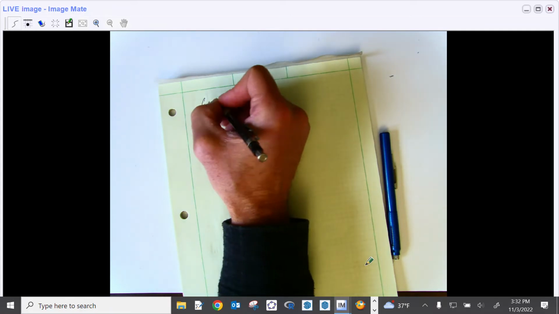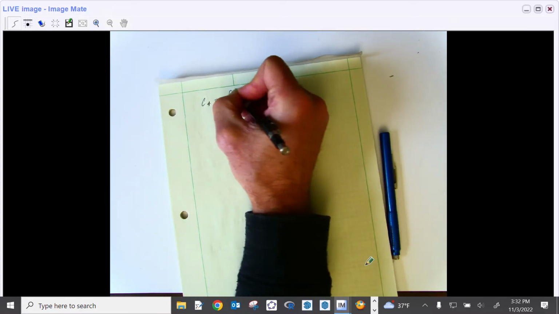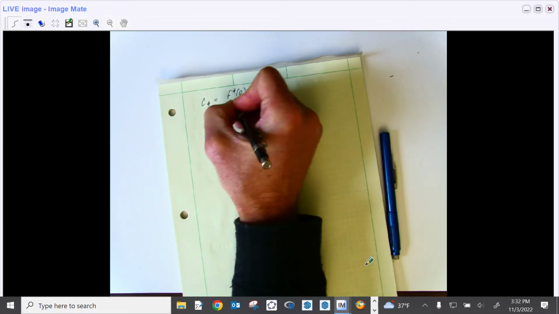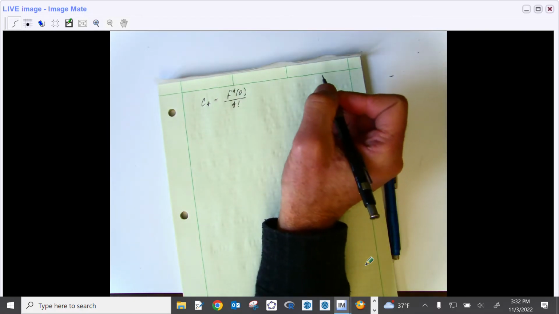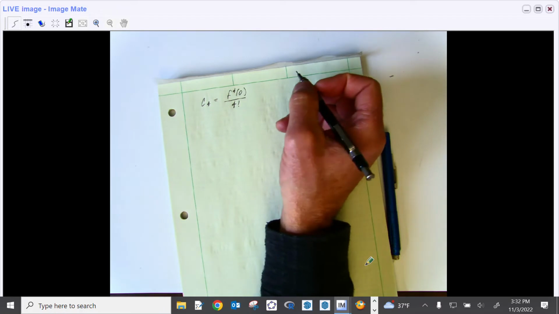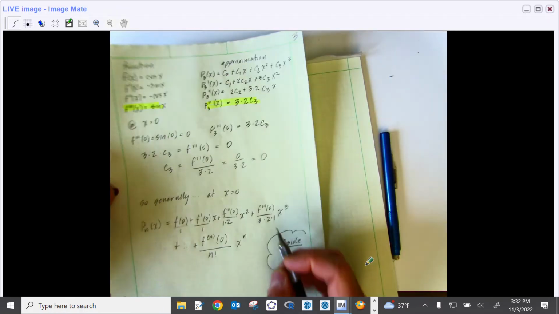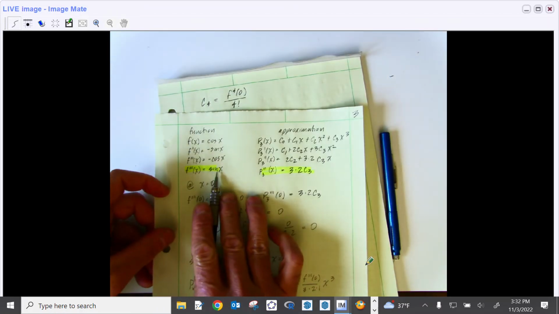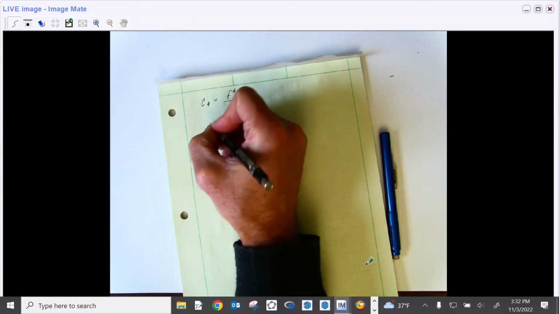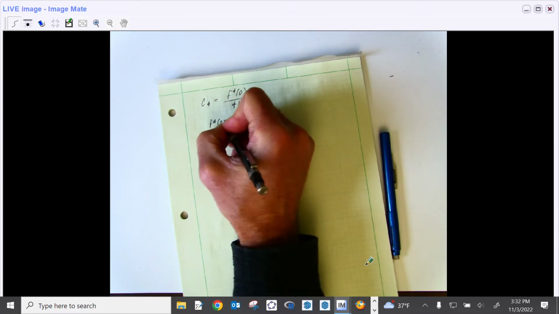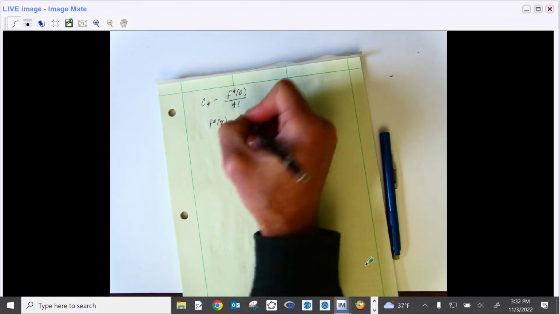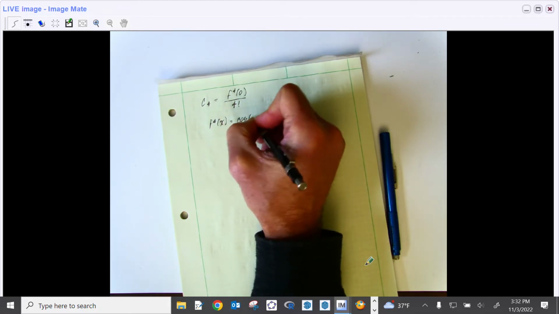C sub 4 should be equal to f, the fourth derivative evaluated at 0, all over 4 factorial. And let's see what we get. So let's see, the third derivative is the sine, so the fourth derivative, f sub 4 of x, is the derivative of the sine, and the derivative of the sine is the cosine of x.